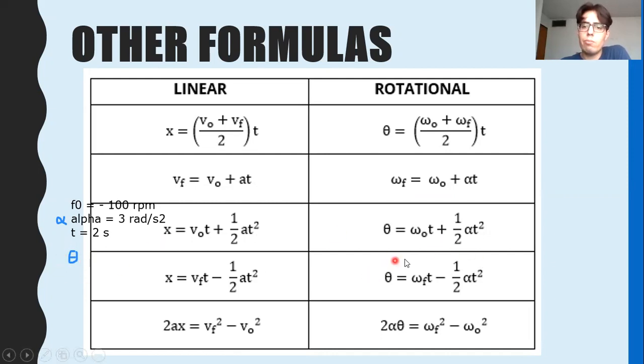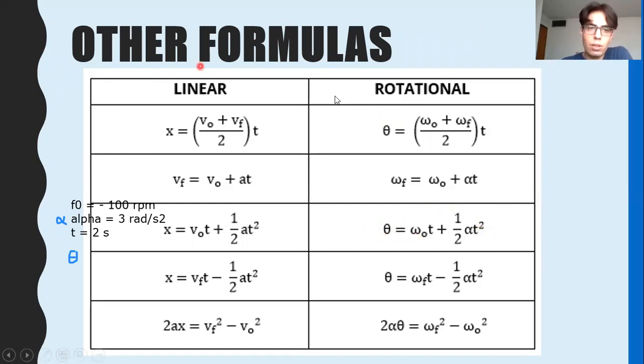So if we go to the next formula, we see that angular displacement equals initial angular velocity times time, plus half acceleration times time squared. So we have all that information, and the only thing that we're missing is angular displacement. So we can apply this formula, right?